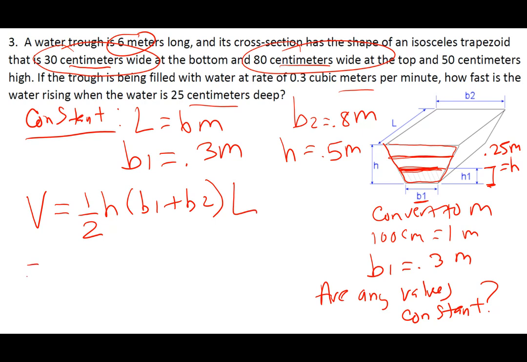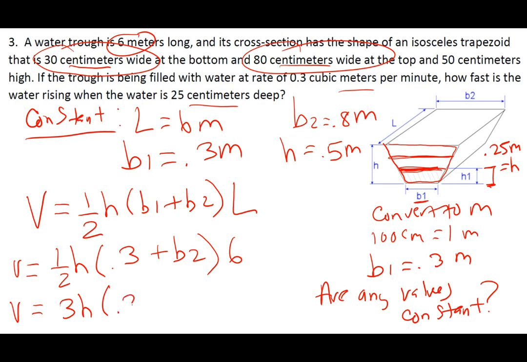So if I go ahead and plug in the values that I know, 1/2 times h, then I can plug in that base 1 is equal to 0.3 plus, don't know base 2, but I do know that the length is 6. If I clean that up just a touch, if I move the 6 to the front, I'm going to get 1/2 h times 6, which is going to be 3h times (0.3 plus base 2). So this is where I currently am in terms of the volume of my trough here.